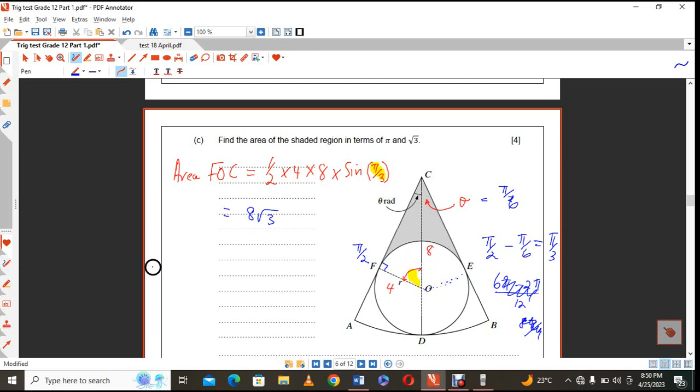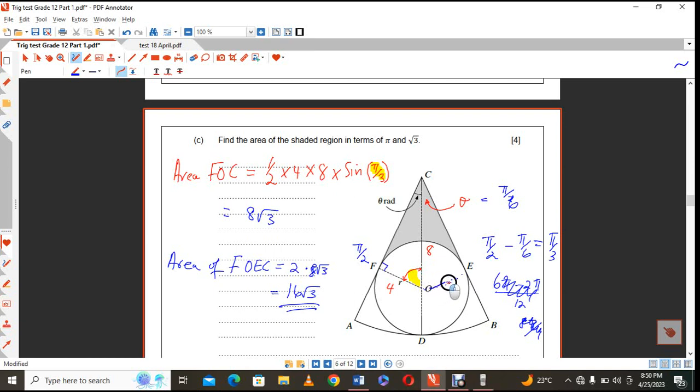So I can actually say the area of FOEC will be twice the area of what we got from the previous answer, which is 16 root 3. Now we need to find the area of the one sector FOE with radius 4.